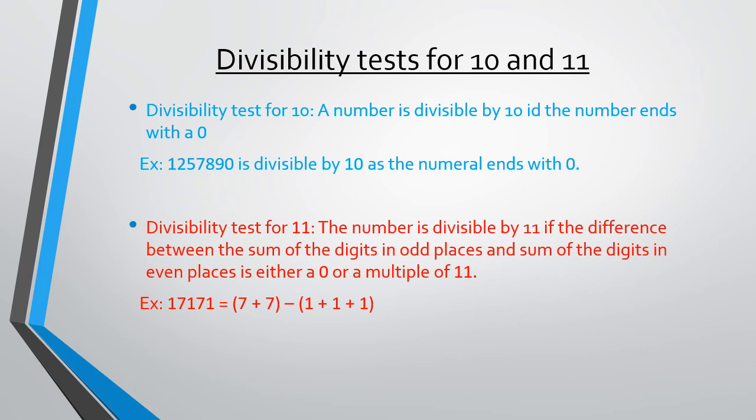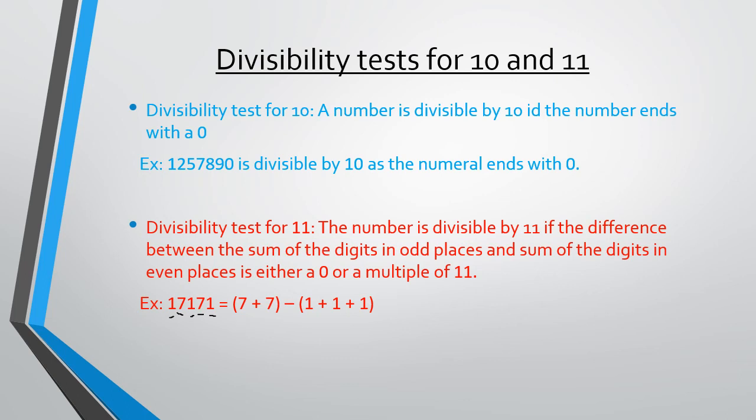I have given a number 17,171. So I have first considered the numbers in even places, which are 7 and 7, and I have to add them. Again I have taken all the numbers in odd places and I am adding them, which is 1, 1 and 1.